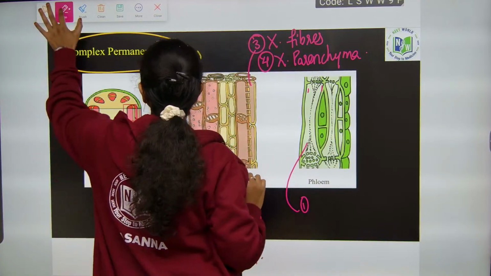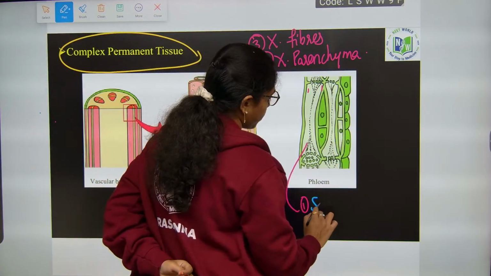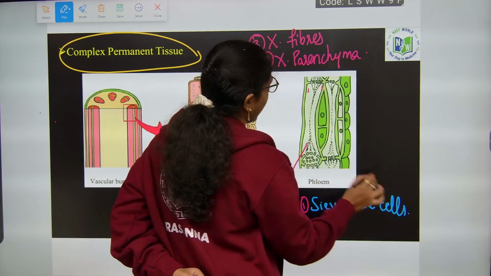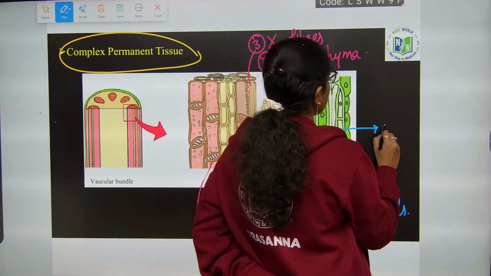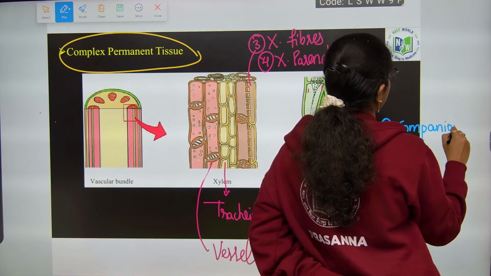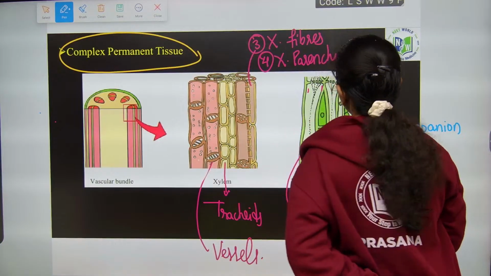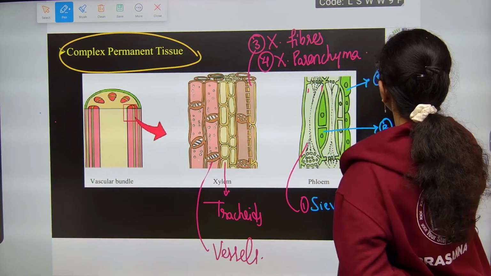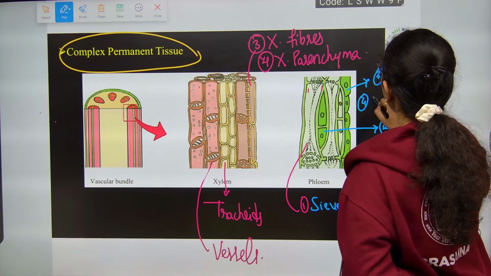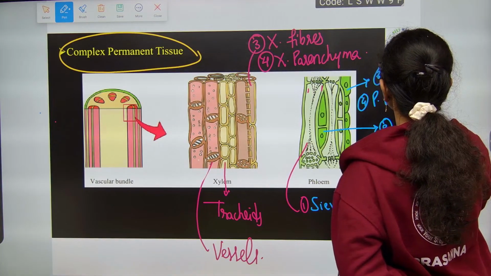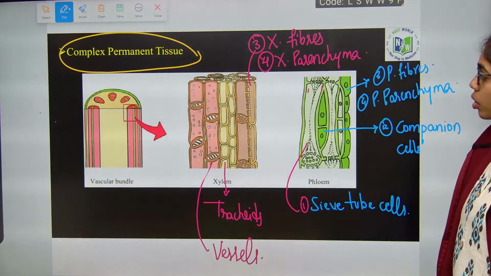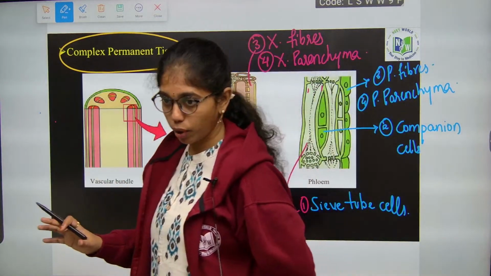First component is sieve tube cells, and then companion cells, and then you have phloem fibers and phloem parenchyma. Fine, right? So these are 4 components of both xylem and phloem tissues.